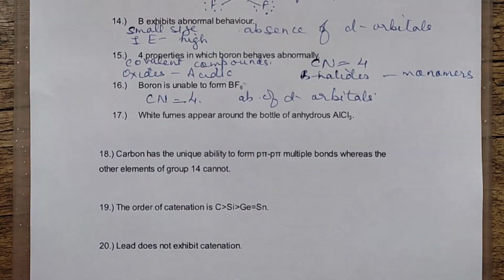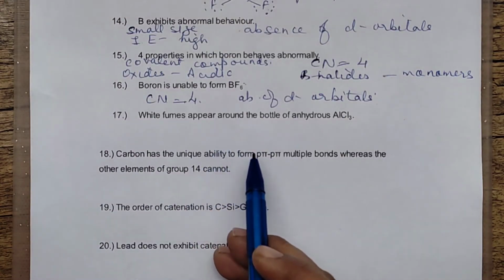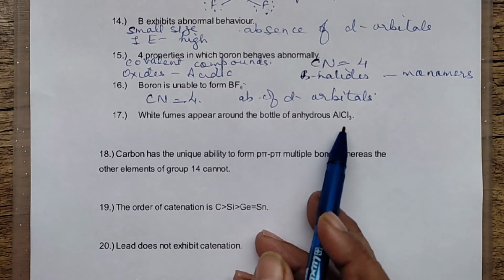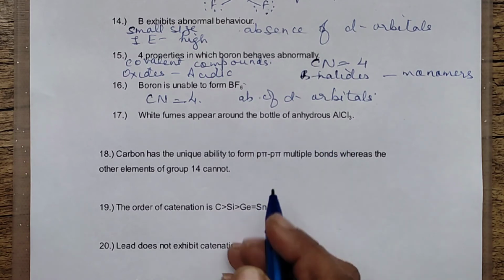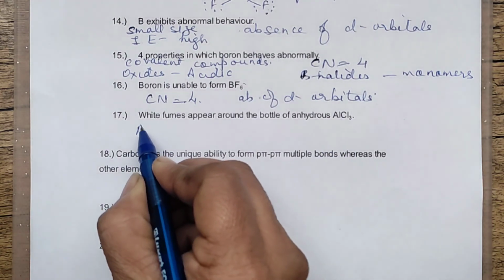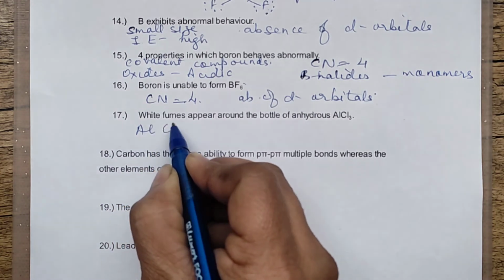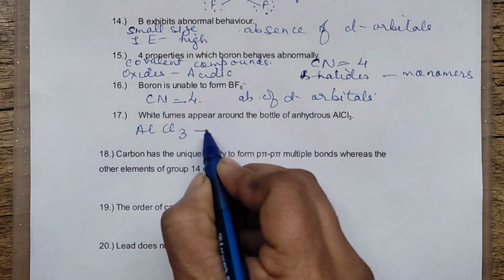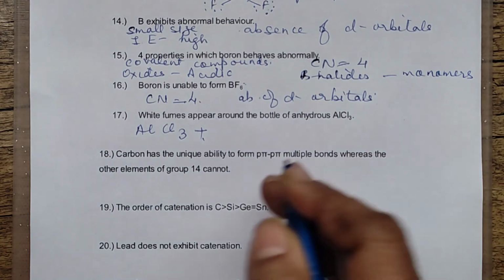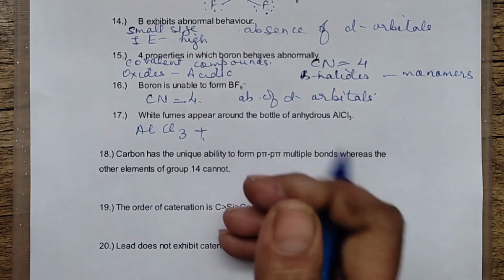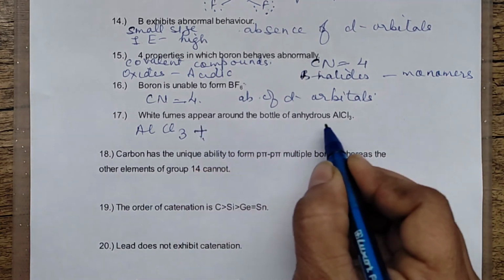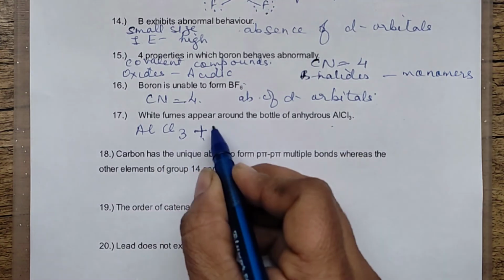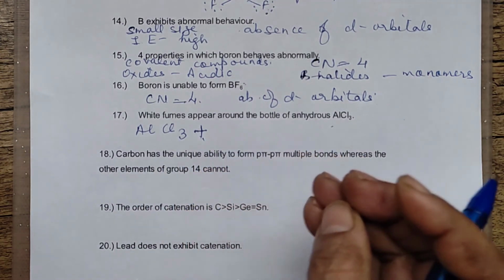The next question says that white fumes appear around the bottle of anhydrous aluminium chloride. Originally it is anhydrous, but white fumes will appear only when it is exposed to moisture.